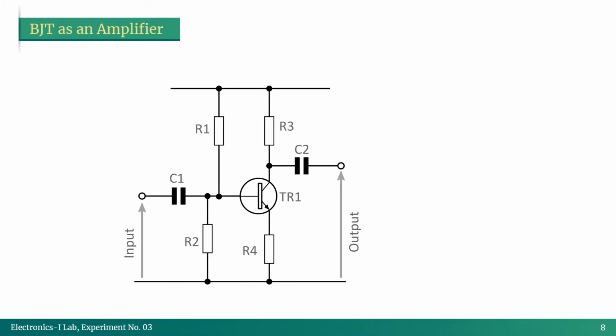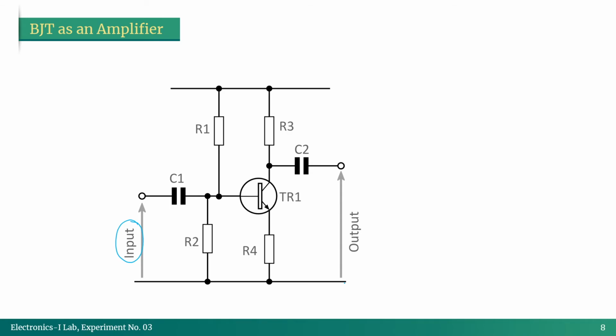So now, how to use a BJT as an amplifier. This particular circuit that we can see here is actually designed for the purpose of amplification. So what is amplification? We know if we give some voltage at the base here, an AC voltage obviously, then this voltage should be amplified at the output, which is across the collector to ground here.